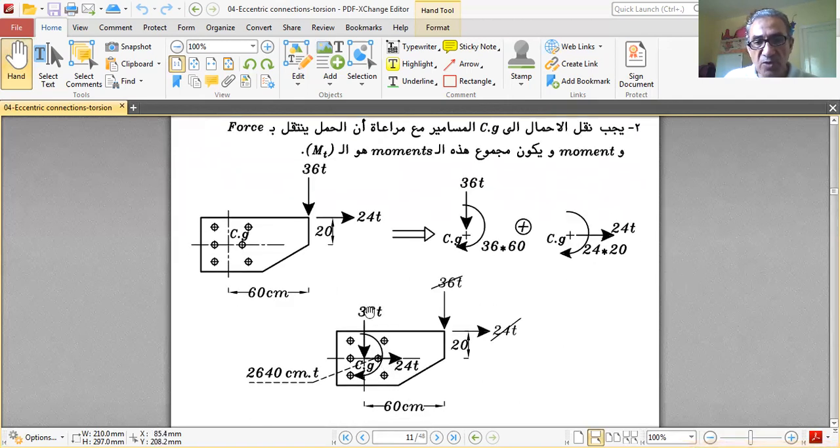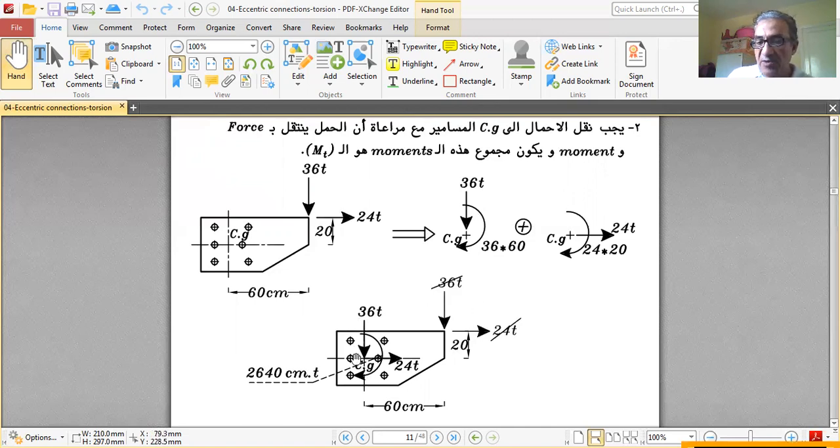So both of them will move to the CG with the force 36 down, 24 positive right, and a combined moment, which is a torsion, 36 by 60 plus 24 by 20, which is 2640.